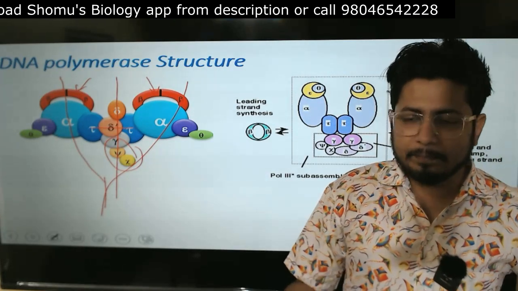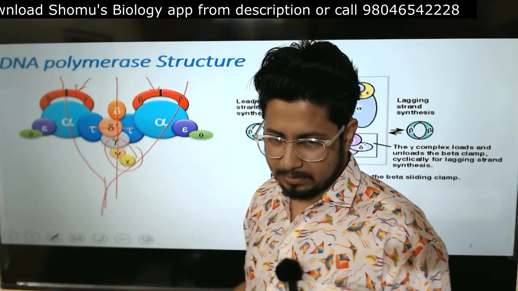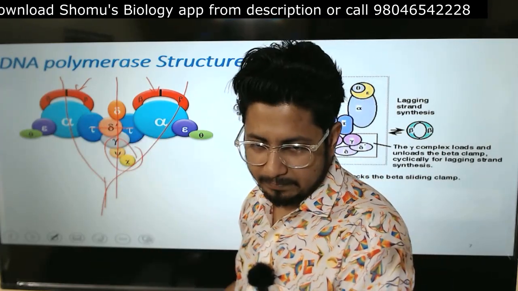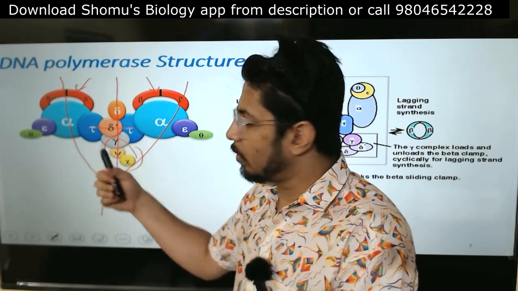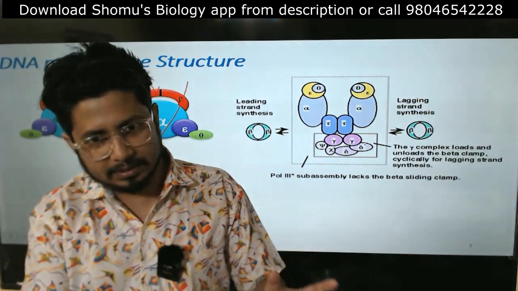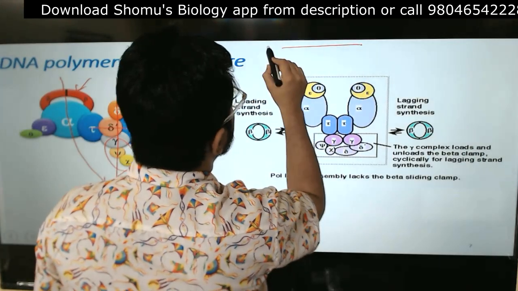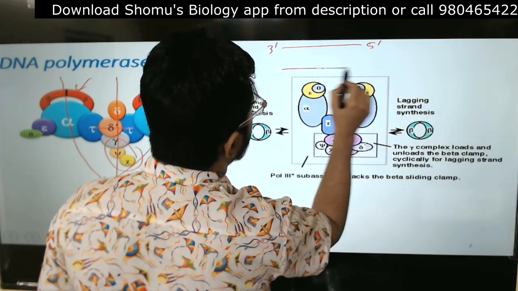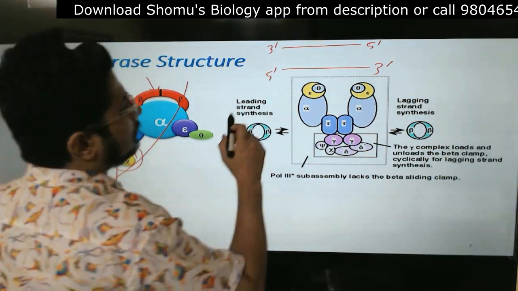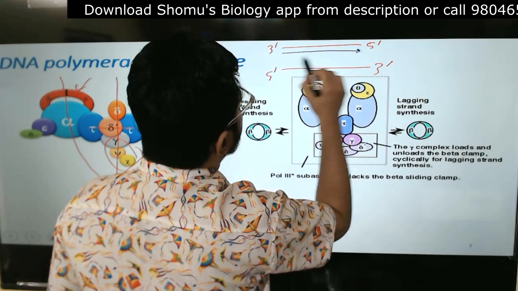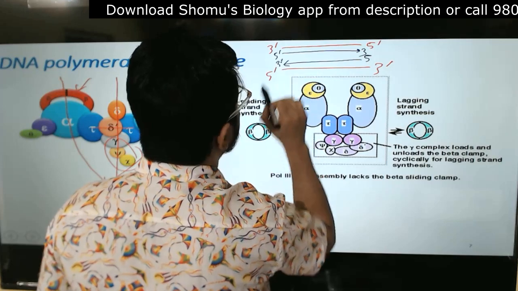Okay. Now one big question comes in. We know that in this polymerase, two different strands are present in the DNA. This is strand 1, this is strand 2, we are seeing two different strands. And these strands both are used as a template strand to synthesize a new strand. Right. Now let's look at the dilemma here. We have this 3' to 5' existing strand, and we have a 5' to 3' existing strand. So our new strand synthesis will go this direction, 5 to 3', and this is also 5 to 3'.